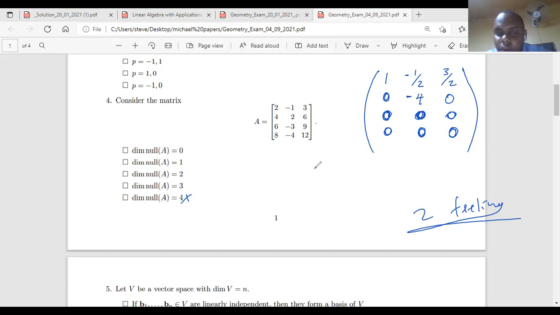So we could calculate the rank and then do, for example, the number of columns minus the rank. So we know that it cannot be 3. The rank is 2, so it's 4 minus 2, which gives us 2.